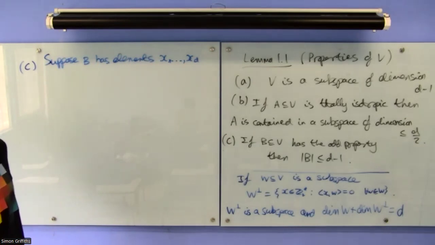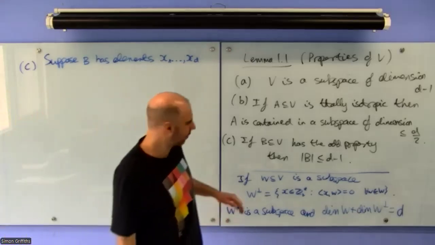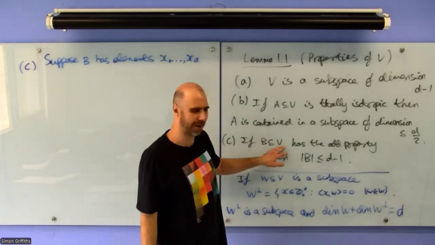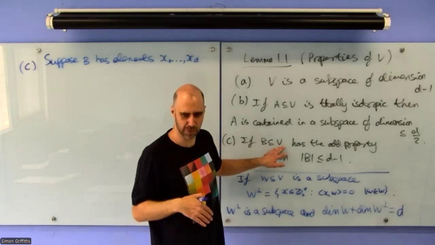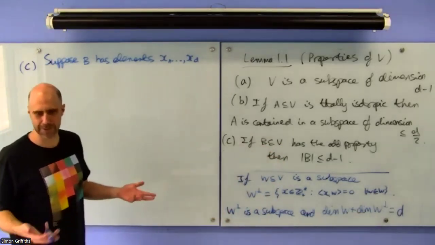Well, what's the first thing we can say if you have D elements of B? Well, then you have D elements in B, but it's living in a subspace of dimension D minus 1. So they're linearly dependent.